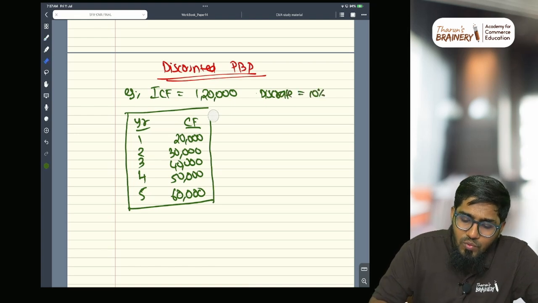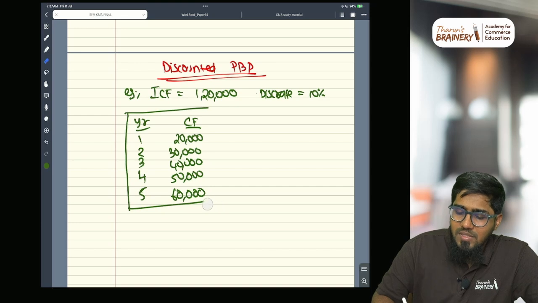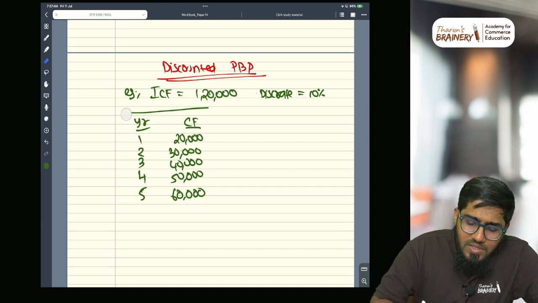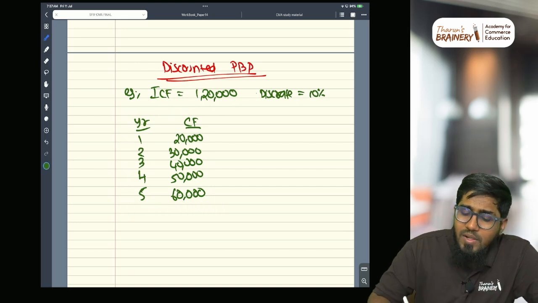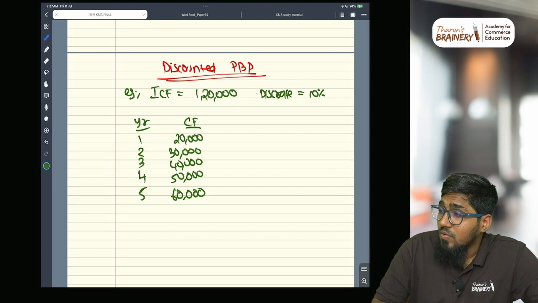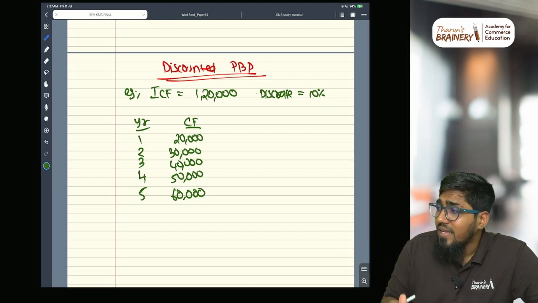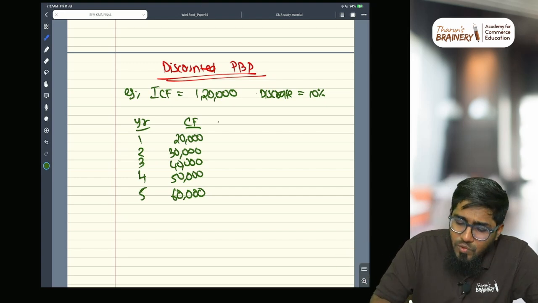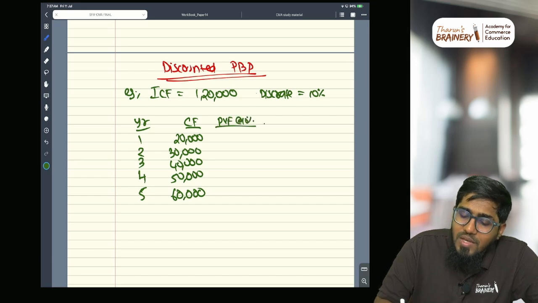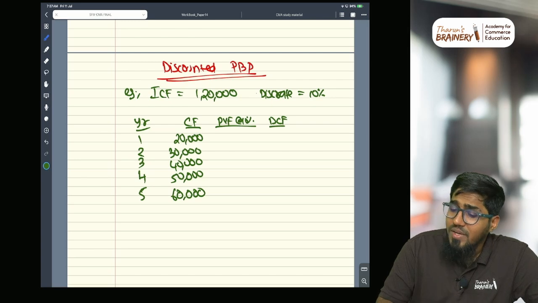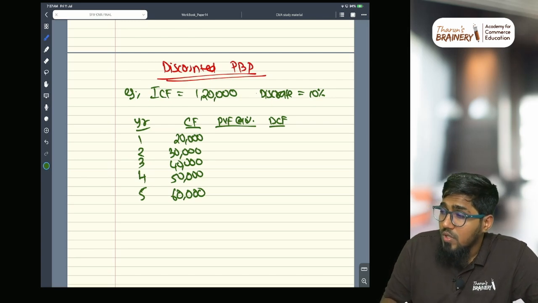Because I cannot add all the cash flows, first I have to discount. So now I don't do the cumulative cash flow directly. First I have to do the present value factor at the rate 10%, then I will calculate the discounted cash flows. First I will discount all the cash flows to the 0th year.